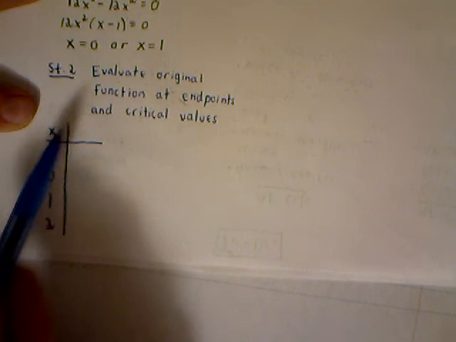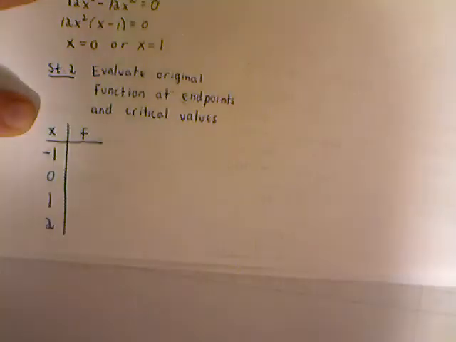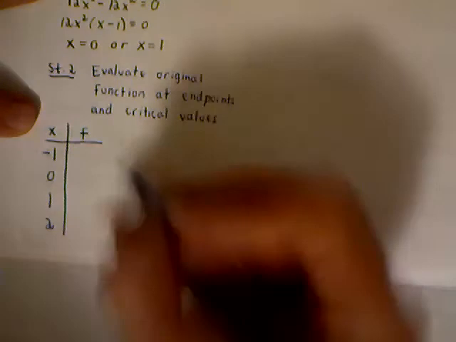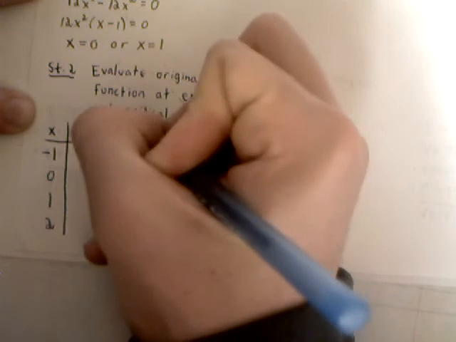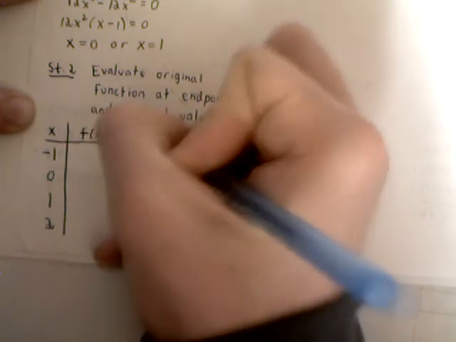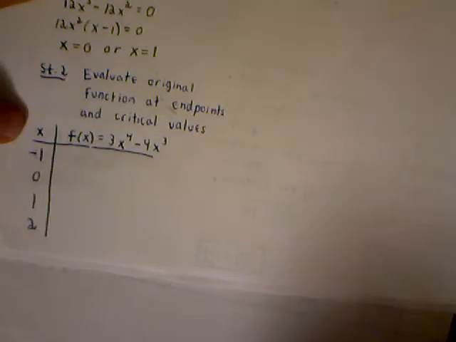So we have -1 and 2 as the endpoints, 0 and 1 as the critical numbers. Now I have to evaluate in my original function, which was 3x to the 4th minus 4x cubed. So let's go ahead and do that.